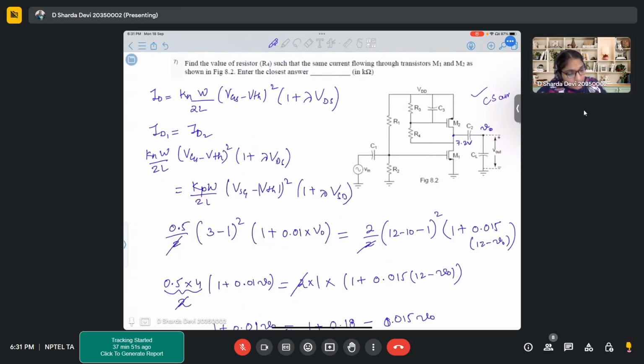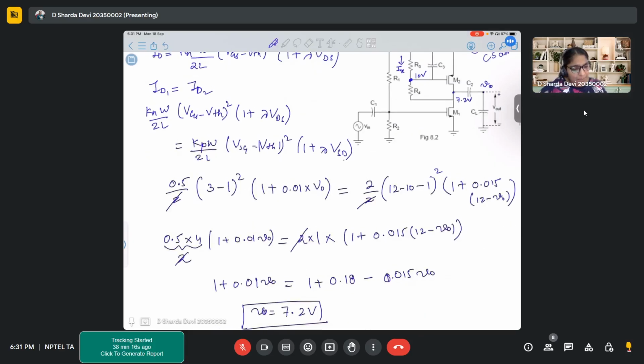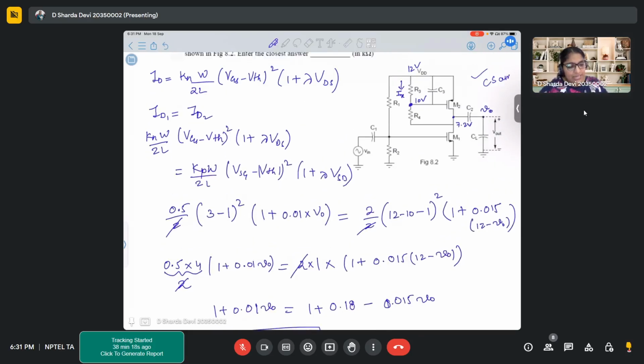We know that a current is flowing, let's say IA. The current which is flowing through R3, the same current will flow through R4 also. And we know that at this point the voltage is 10 volts, here it is 12 volts, and here it is 7.2 volts. So let's write a simple KCL at this 10 volts node.